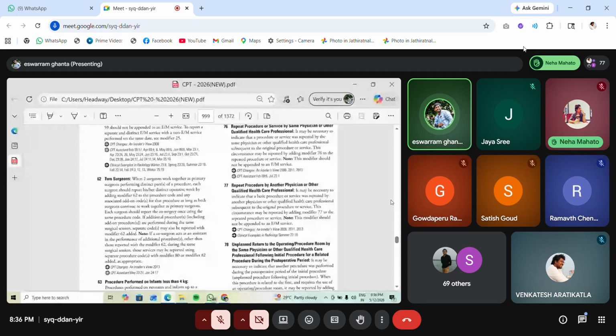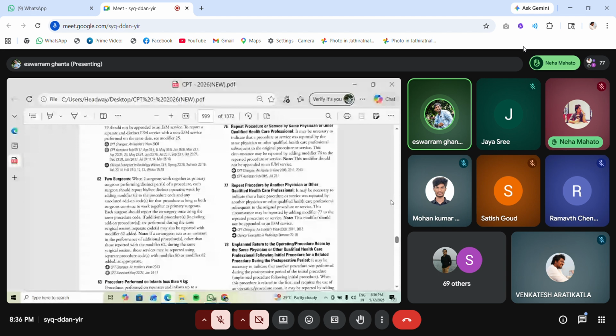Did you understand? Please repeat once again, sir. If any procedure has been done by two surgeons, if one surgery has been done for the patient by two surgeons, in that scenario you can append this 62 modifier.